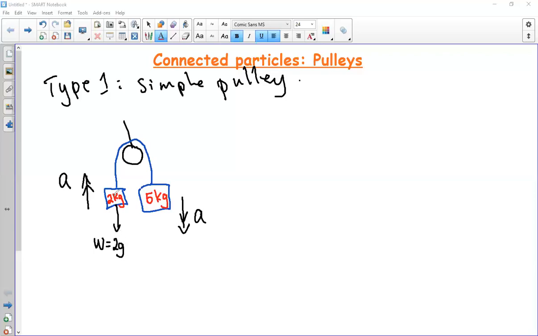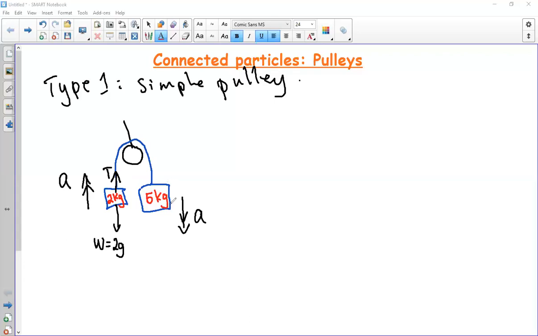Now the box is connected by the string, so there will be a tension in the string. Let's say it's just T. Those are the only two forces acting on the 2 kilogram box.